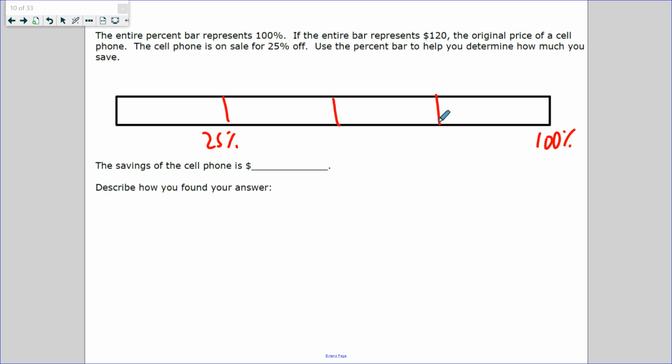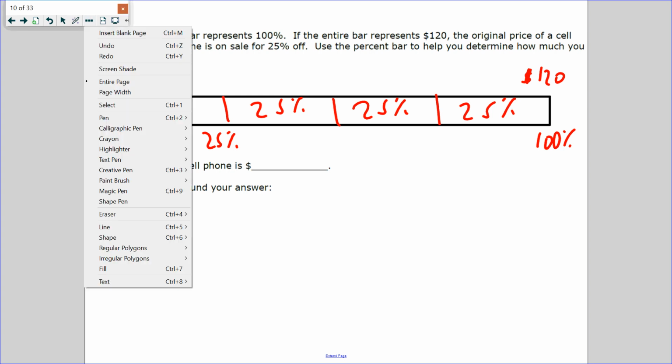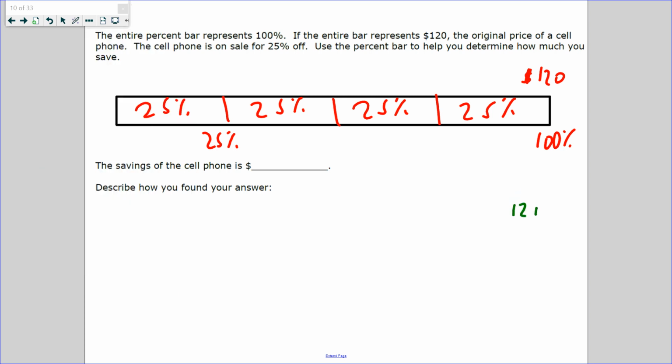So if this whole bar represents $120, each section represents 25%. Can I break this $120 into 4 equal sections? What is 120 divided by 4? It goes in 3 times, so it's $30.